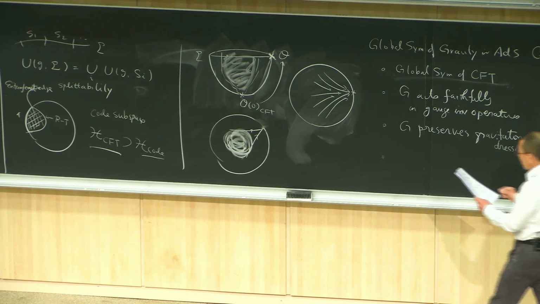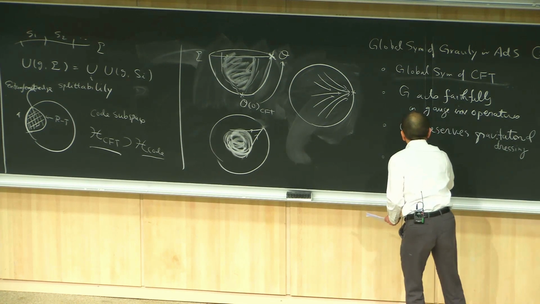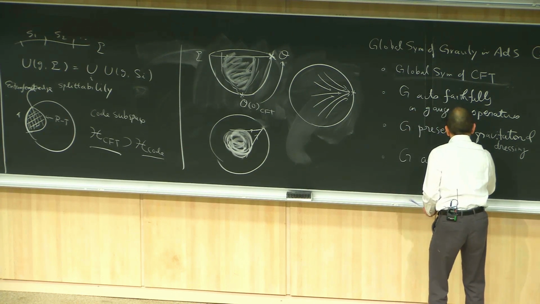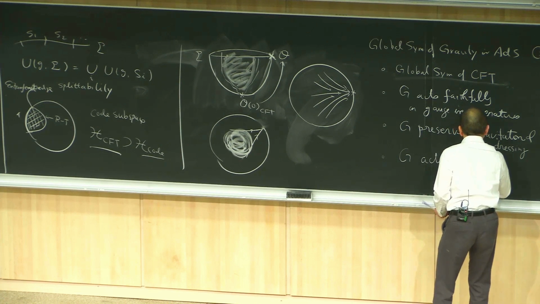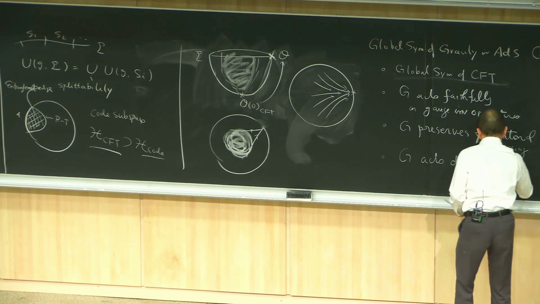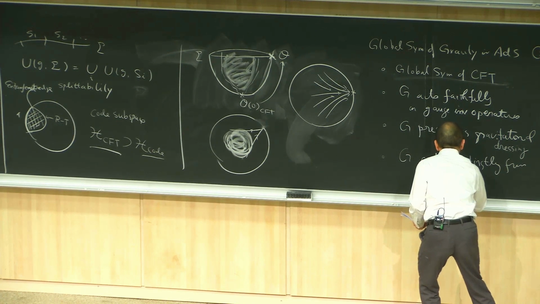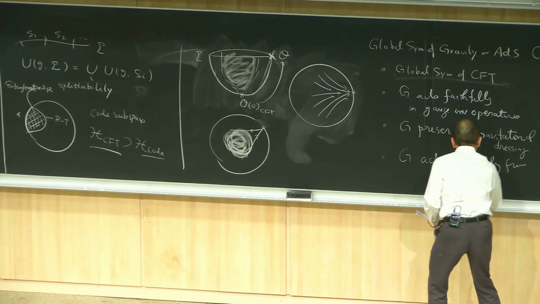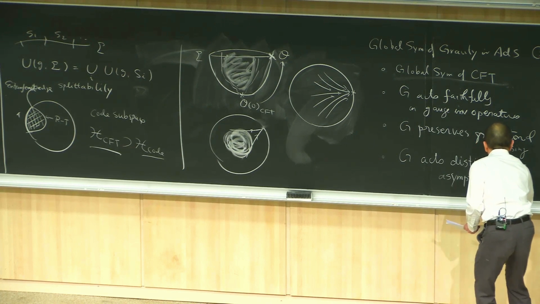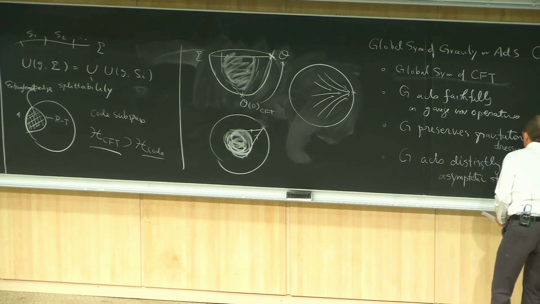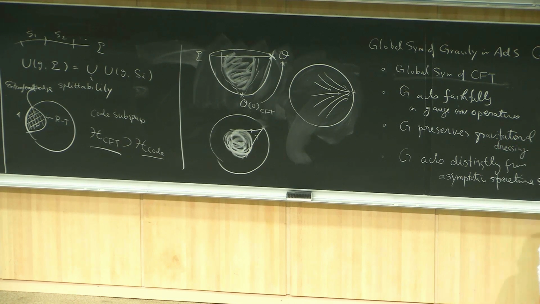So we would like G to act distinctly from the asymptotic spacetime symmetry.